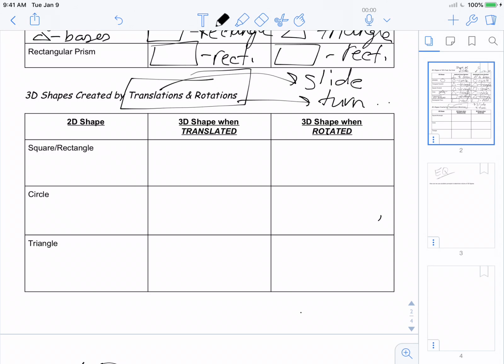Think circle for a rotation. So if I start with a rectangle and I slide it down and I have another rectangle and I connect those two, what kind of shape is that? That gives me a rectangular prism.